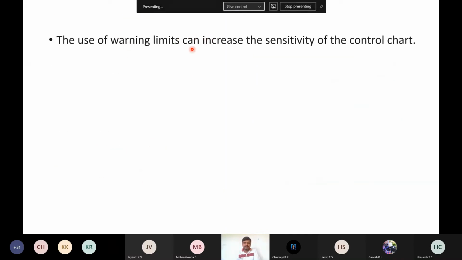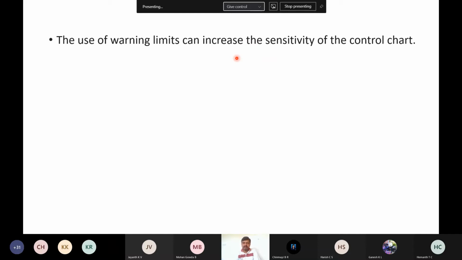Use of warning limits can increase the sensitivity of the control chart, since even though these points are not out of the control limits, you are still evaluating them in detail. Whether they were manufactured when the process is in control or out of control, why you are getting points nearer to the border of the upper and lower control limits, what is the reason, you are evaluating. That means you are increasing the sensitivity.